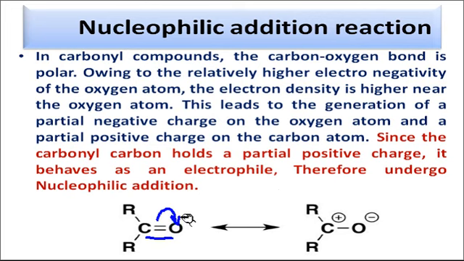This leads to the generation of a partially negative charge on the oxygen atom and a partially positive charge on the carbon atom. Since the carbonyl carbon holds a partially positive charge, it behaves as the electrophilic center and the nucleophile can easily attack on this partially positive carbon atom. That is why the carbonyl compounds show the nucleophilic addition reaction.